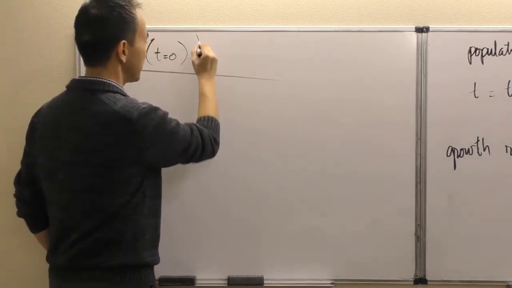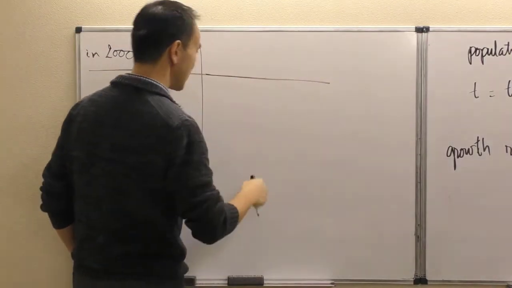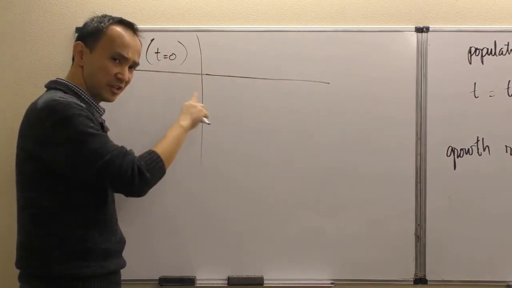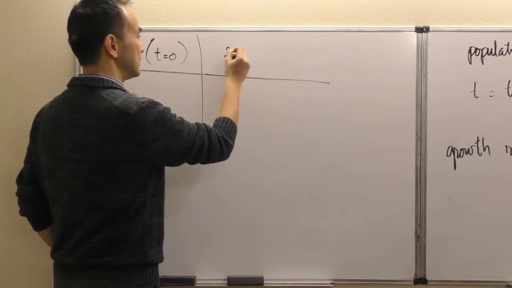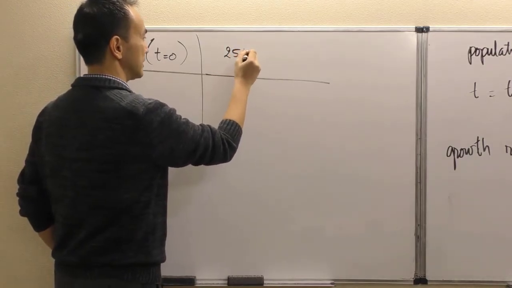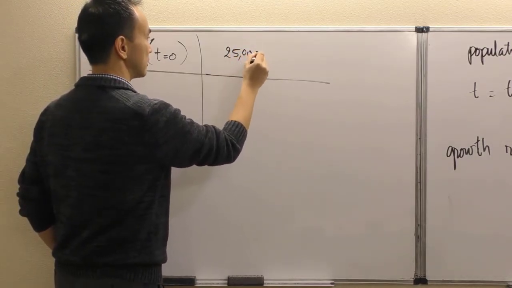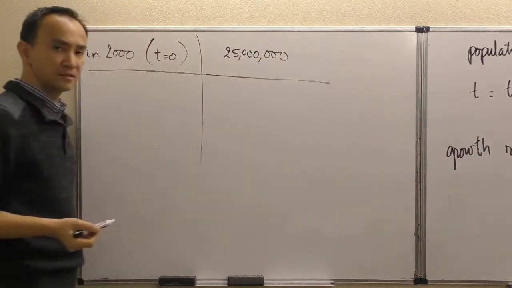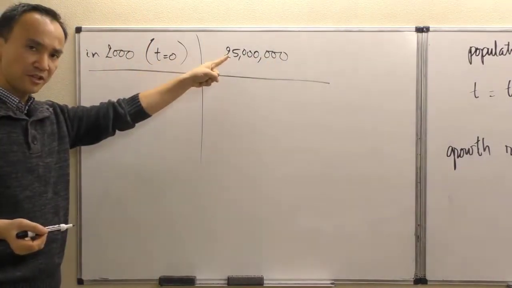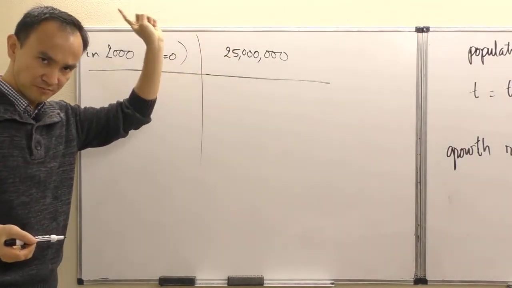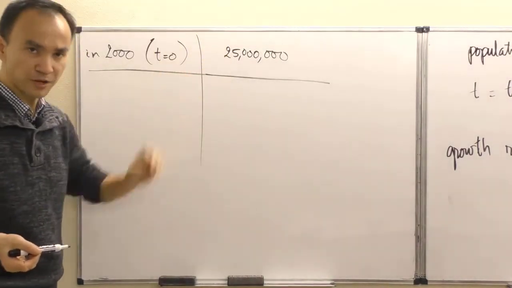What's the population value? How big was the population in year 2000? That was 25 millions. Okay, so now I'm gonna really write it down in actual numbers like that. So in 2000 there were 25 millions people in that country, Utopia.